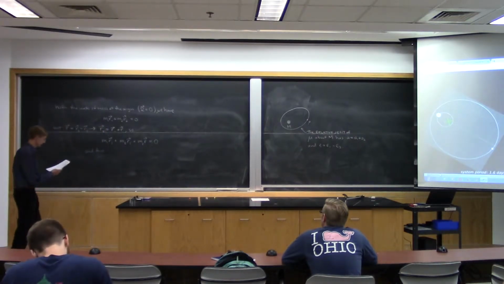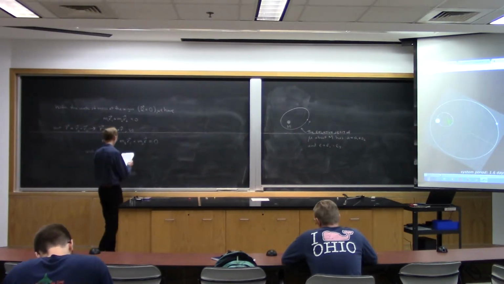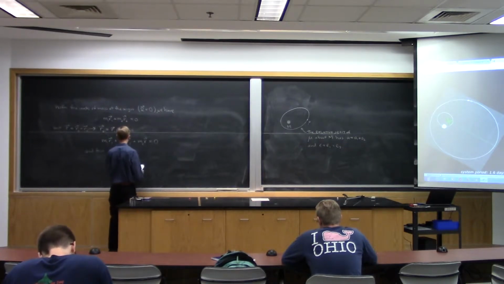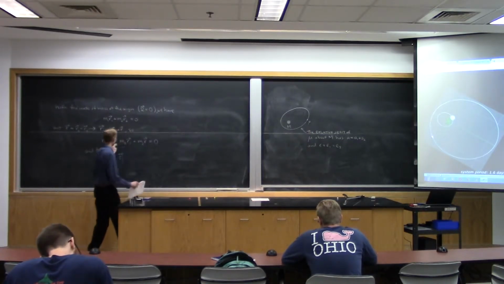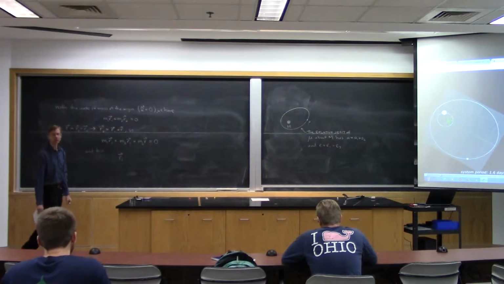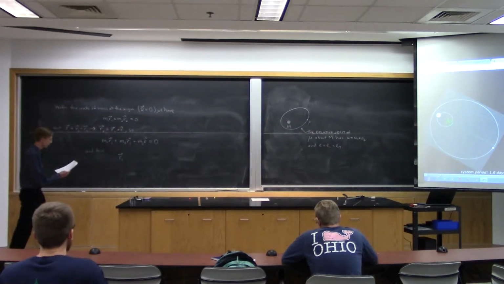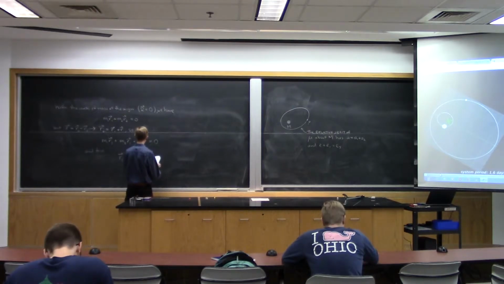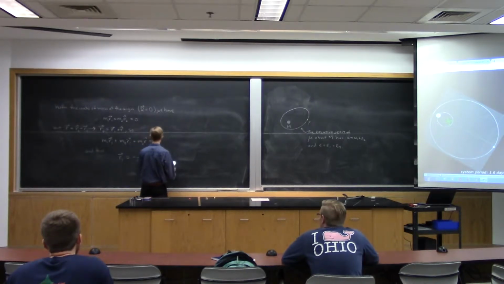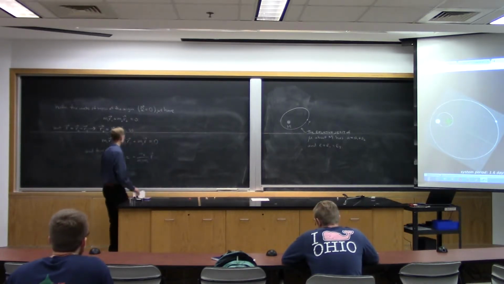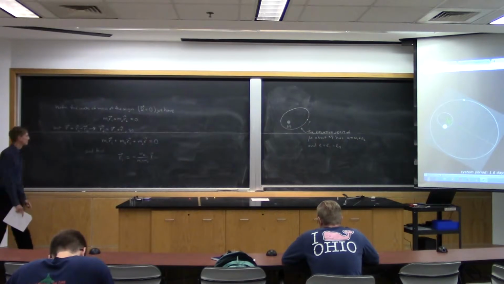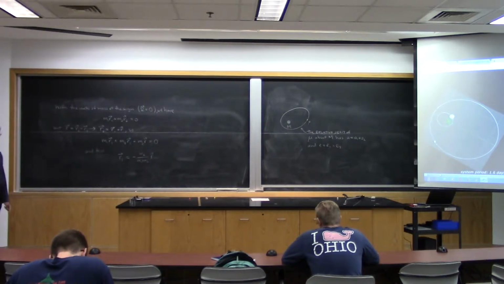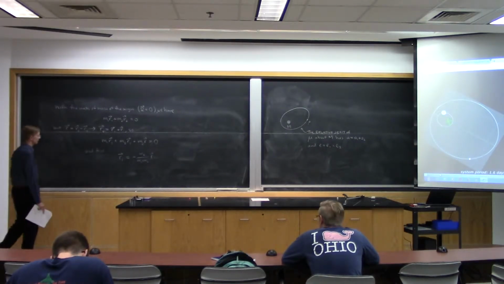So now we can write that R1, because now we've just got R1 and R in our expression, so we can put R1 in terms of R. R1 is equal to minus M2 over M1 plus M2 times R. And so this is doing as promised.